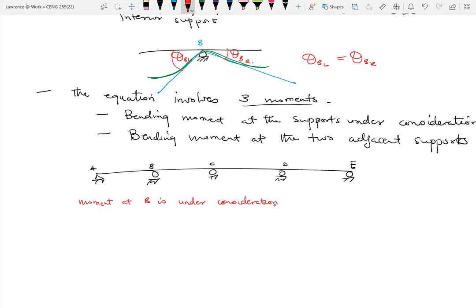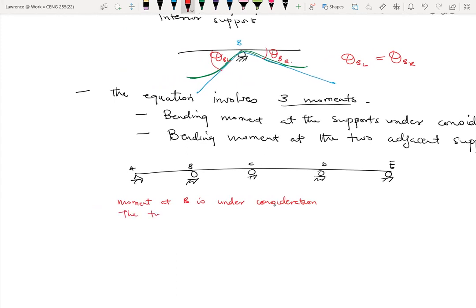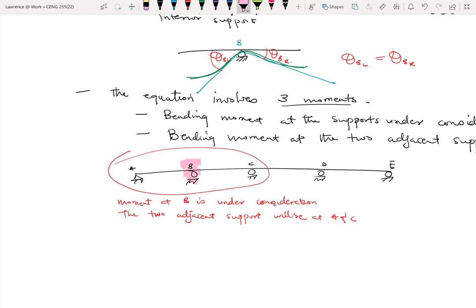Those two adjacent supports would be A and C. So here I'll be focusing on something like that, with B being the main one under consideration. The adjacent moments are the moments on the left and on the right of the moment you are considering.